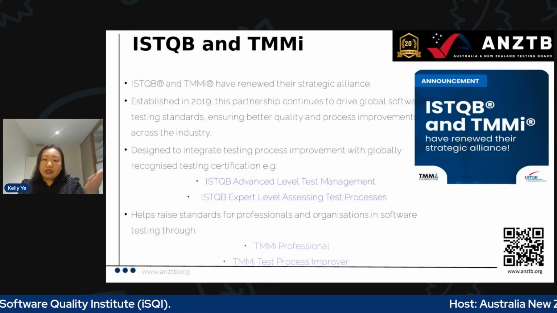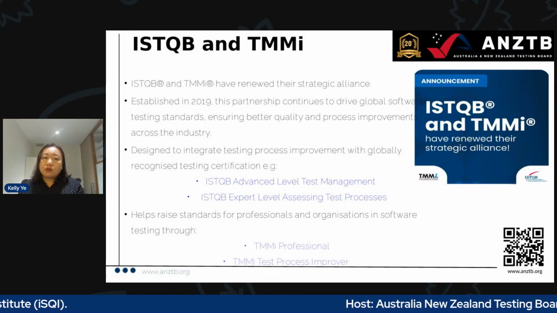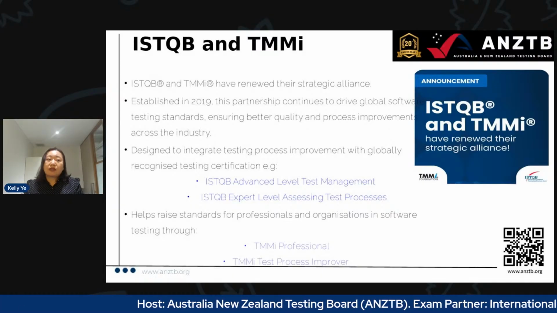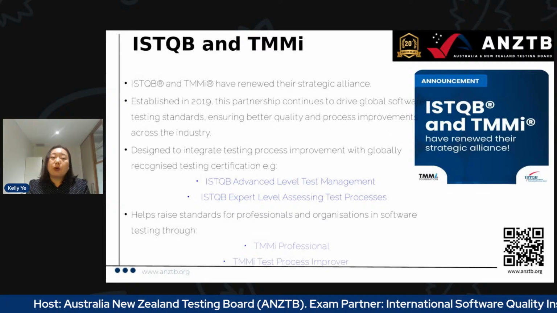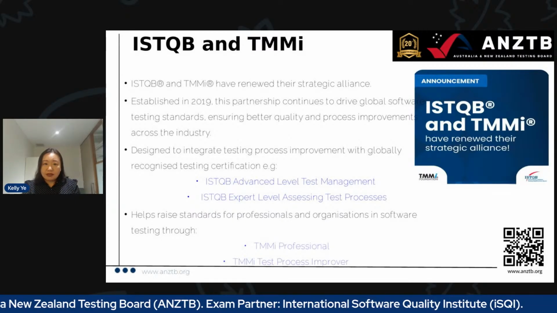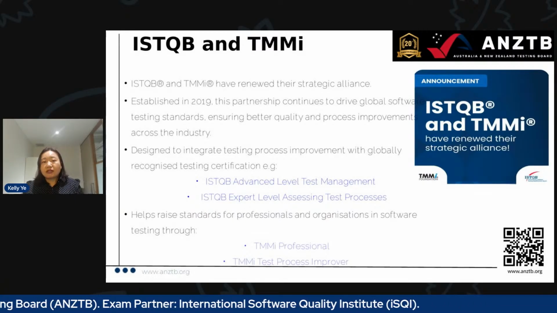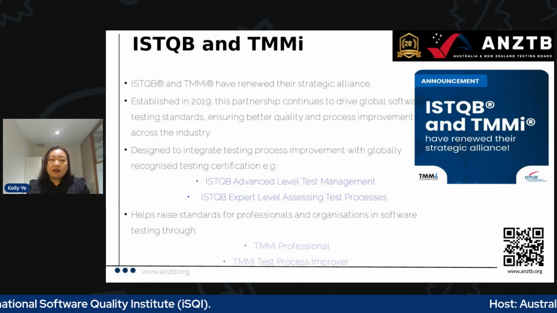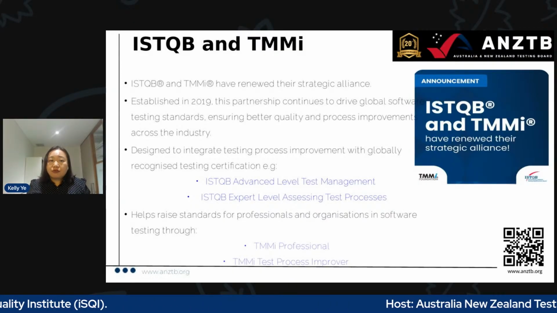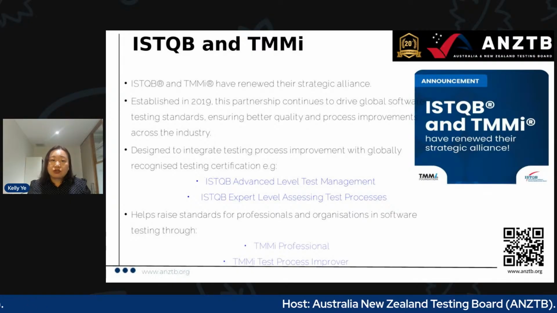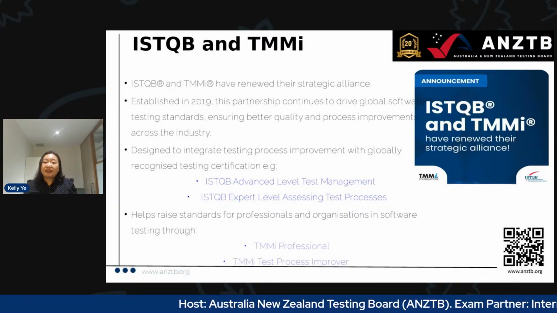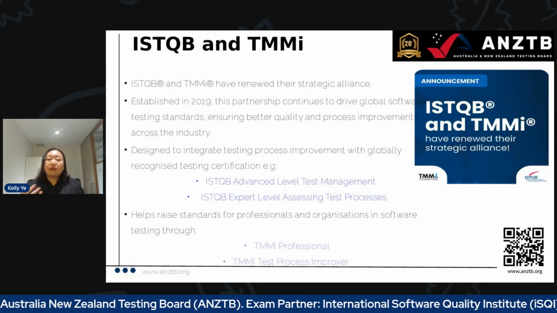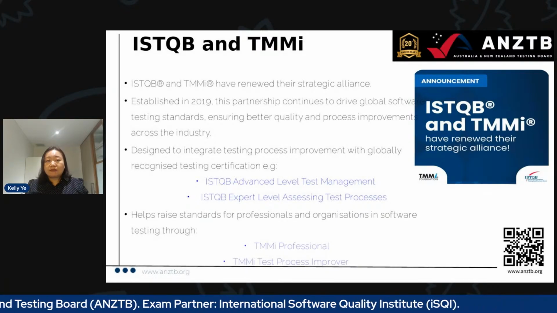For example, you can see the ISTQB Advanced Level Test Management syllabus introduces TMMi in the context of model-based test process improvement. Meanwhile, TMMi also adapted the ISTQB glossary within its framework. So TMMi provides a framework for organizational maturity, while ISTQB provides the skills foundation for the people who implement that maturity in their organization.